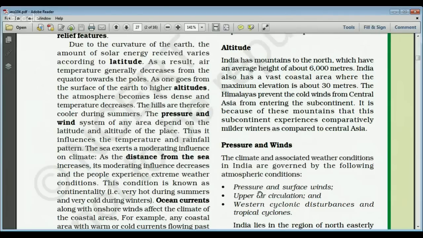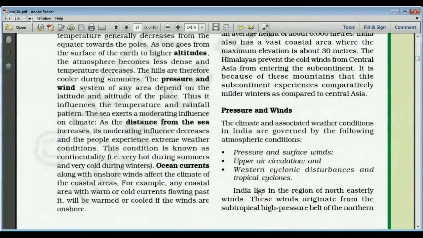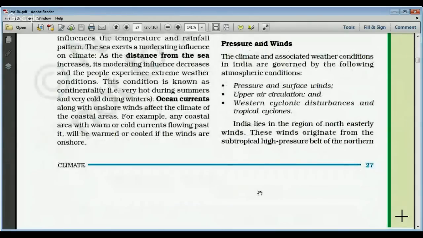The third factor which affects India's climate is pressure and wind. The climate and associated weather conditions in India are governed by the following atmospheric conditions.